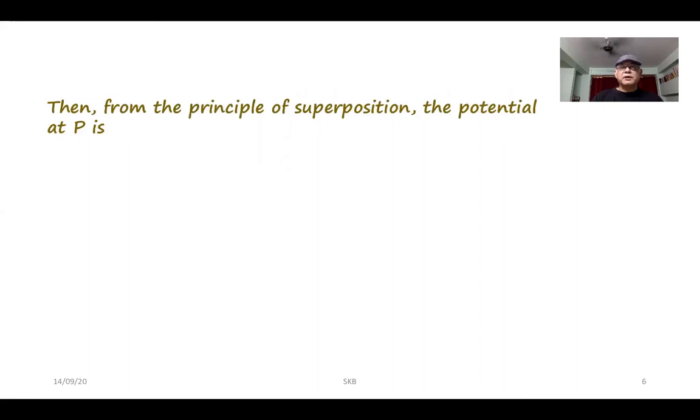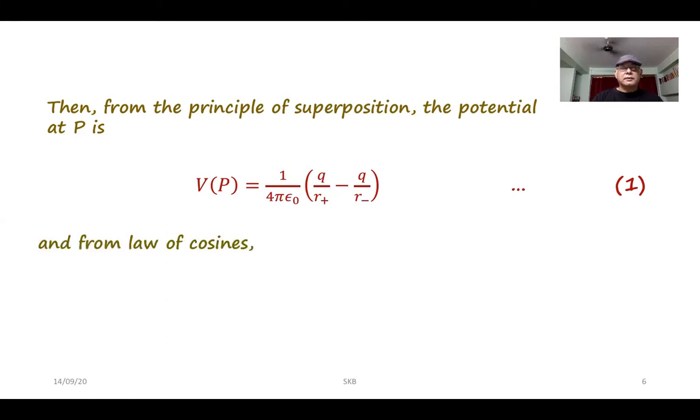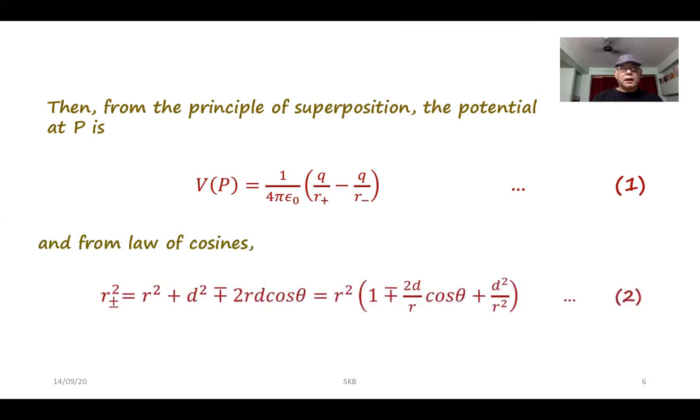Then, from the principle of superposition, the potential at P is, as given by equation 1, 1 by 4 pi epsilon naught within bracket q by r plus minus q by r minus. And from law of cosines, we get r plus minus square equal to, as given by equation 2.